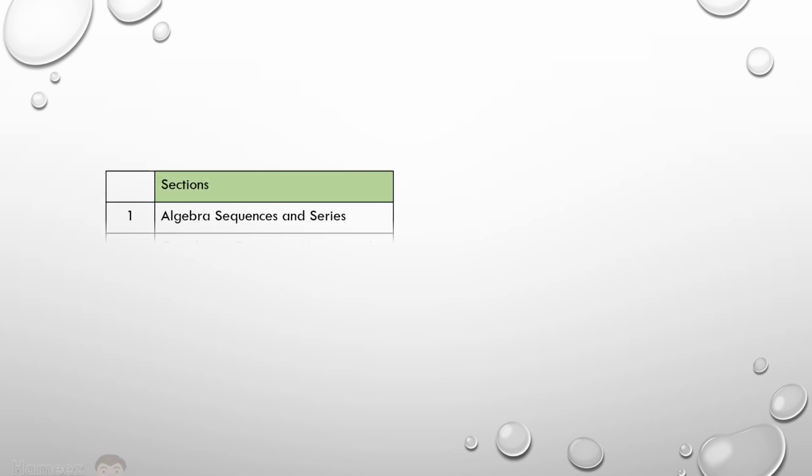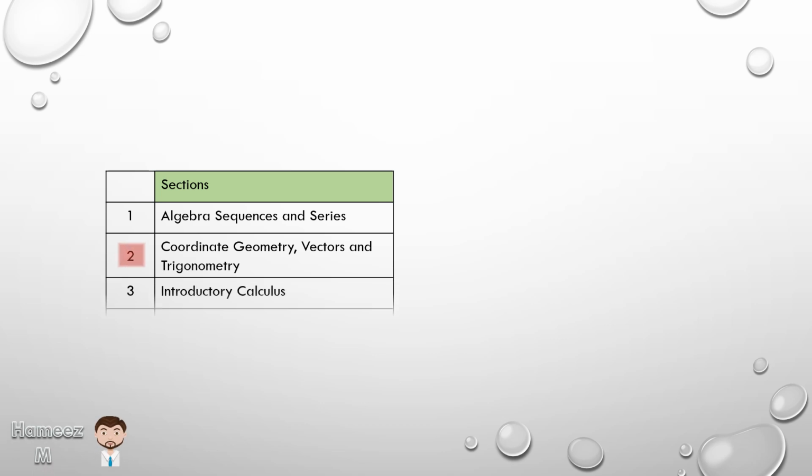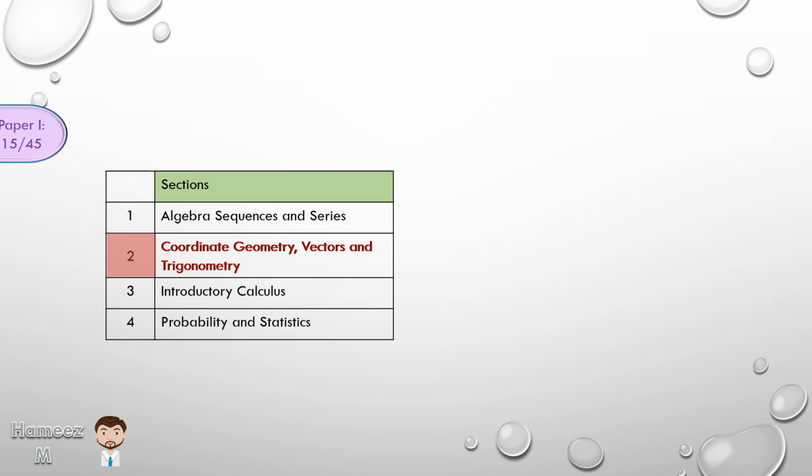Let's now look at the 4 major sections in additional mathematics, and we'll be looking specifically at section 2: coordinate geometry, vectors, and trigonometry.